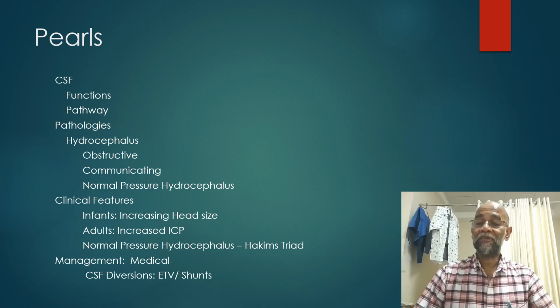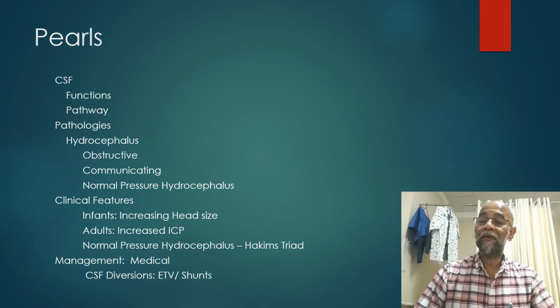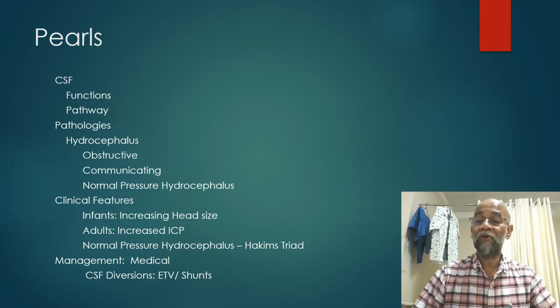The classical pathology is of too much CSF being present in the cranial cavity. This might be because of an obstruction to the CSF flow within the ventricular system when it is called an obstructive hydrocephalus. It might also be an obstruction or a relative obstruction which occurs when the arachnoid granulations cannot adequately and optimally absorb CSF, that is communicating hydrocephalus.